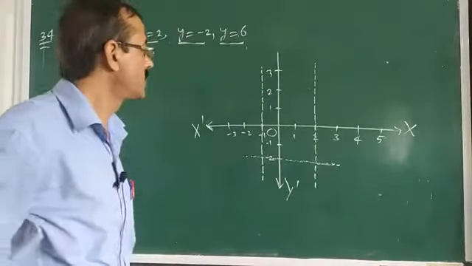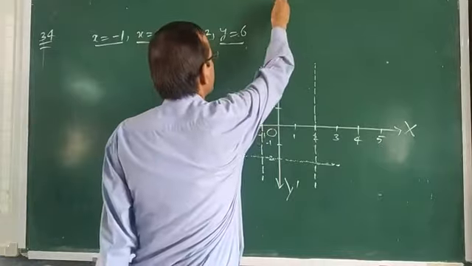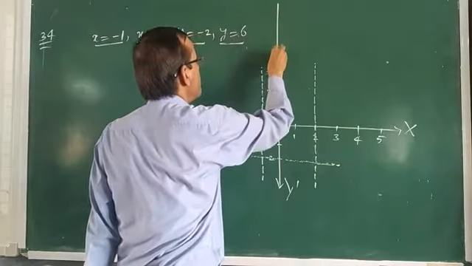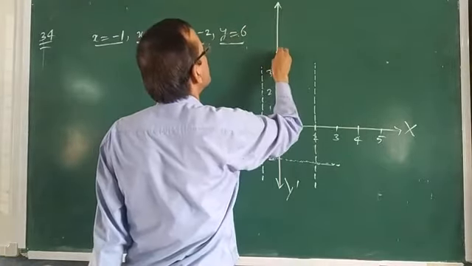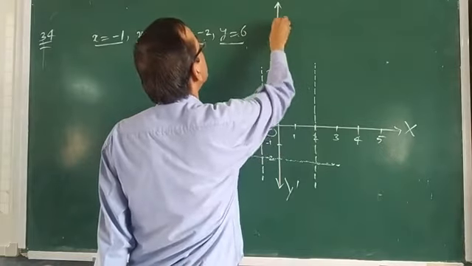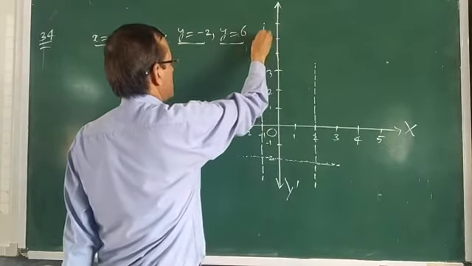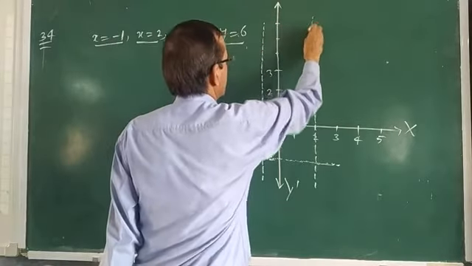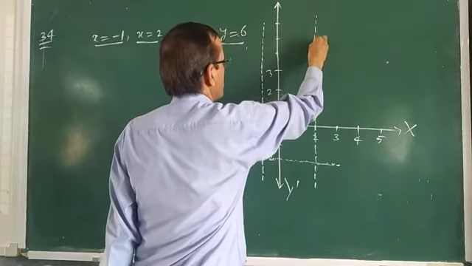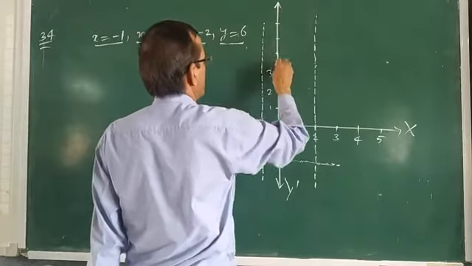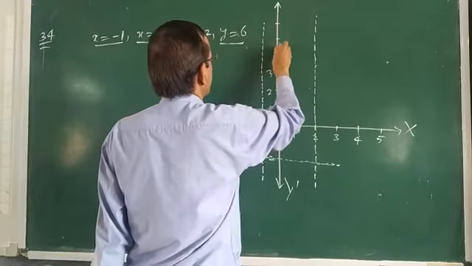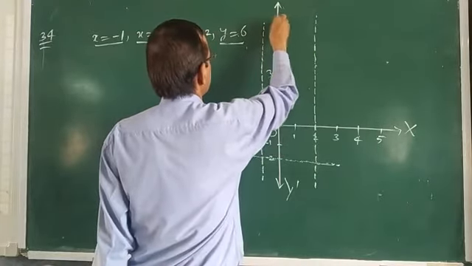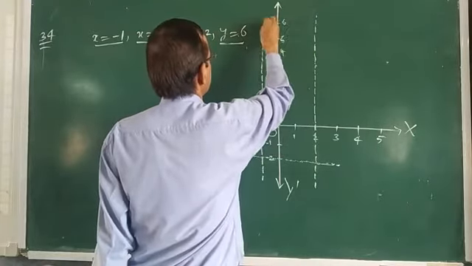Y is equal to 6: 1, 2, 3, 4, 5, 6. So produce it from here and draw one line on that.